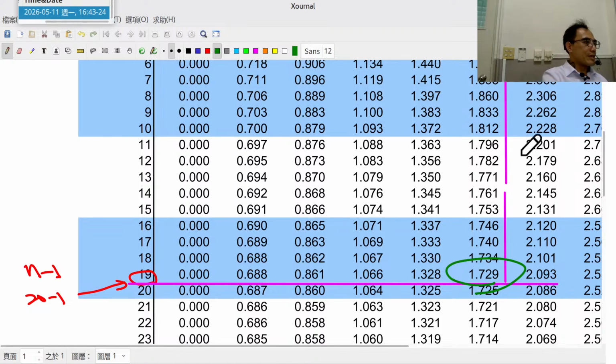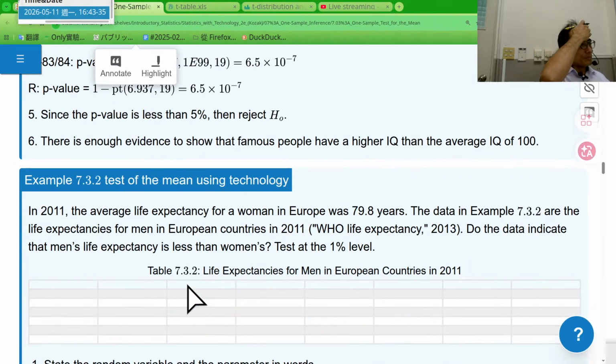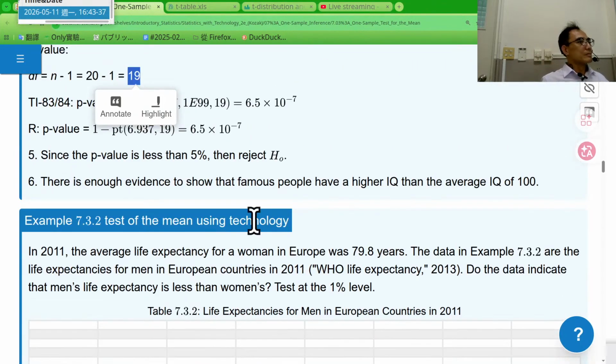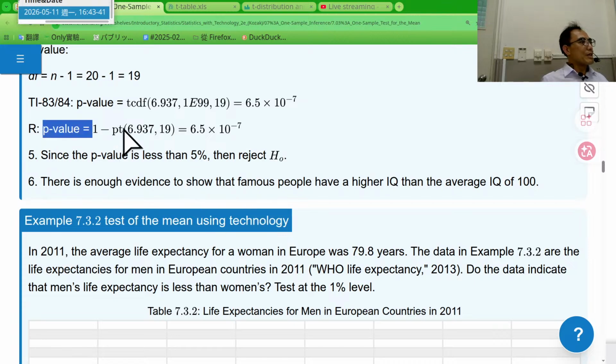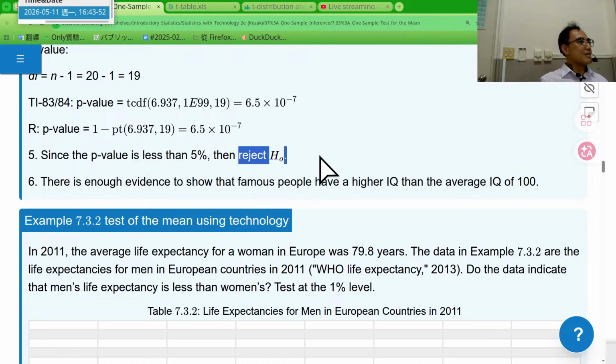Our number 6.91 is greater than 1.729. Thus, we can say the p-value is here, very, very small. Then, since the p-value is less than 5%, we reject the null hypothesis.